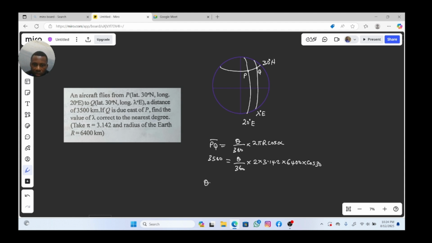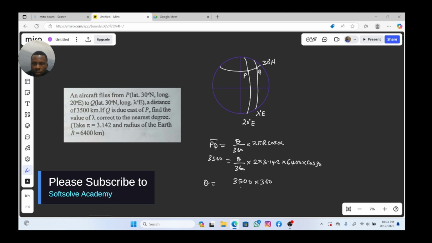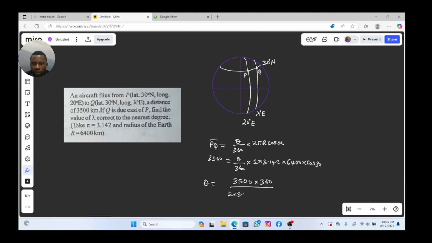Okay, so theta will be equal to 3500 times 360, divided by 2 times 3.142 times 6,400 cos 30. Okay, so theta, when we calculate this, gives me 36.2. Because it's an angle, I can leave it to one decimal place.